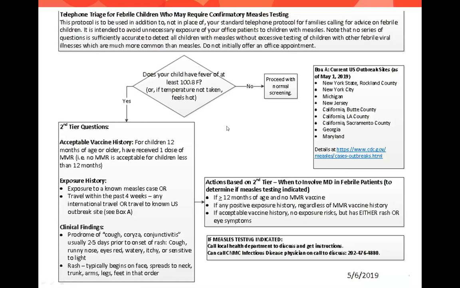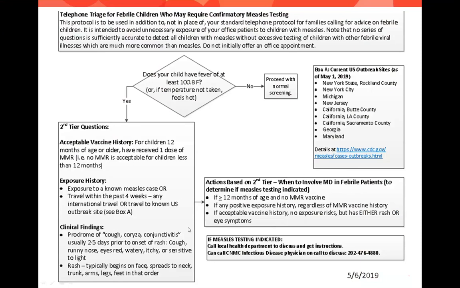So the actions that are to be taken based on how we respond to those questions: if we have a child that's greater or equal to 12 months of age and has had no MMR vaccine and has fever, then we suggest that the telephone triage person involve the MD to get on the phone with the family and ask more questions to see if there's a concern for measles. If there is a positive exposure history, regardless of the MMR vaccine history, the MD should also be involved.